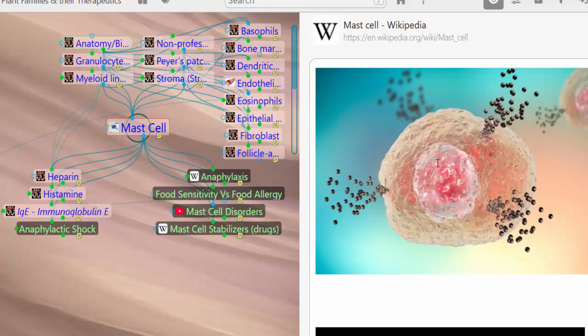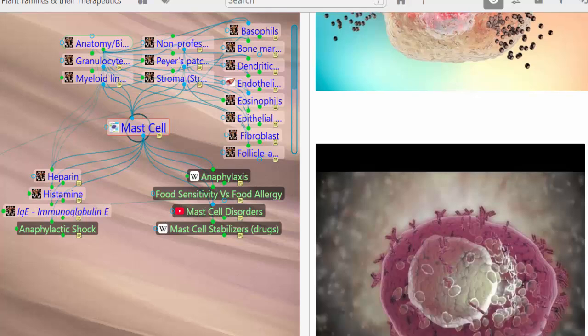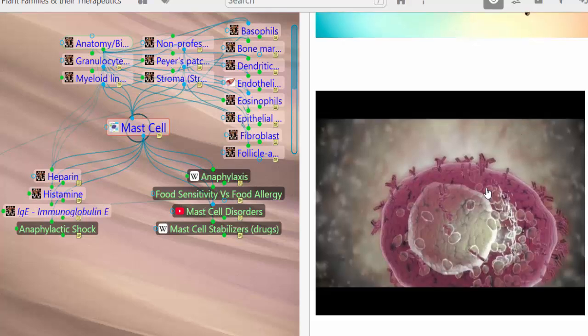It contains lots of little tiny granules of toxic chemicals that when released will kill pathogens. They also can harm body tissue. And here we can see a mast cell, and that's IgE, immunoglobulin. Remember, immunoglobulins, when they are attached to a cell, that's IgE immunoglobulin just sitting there waiting.